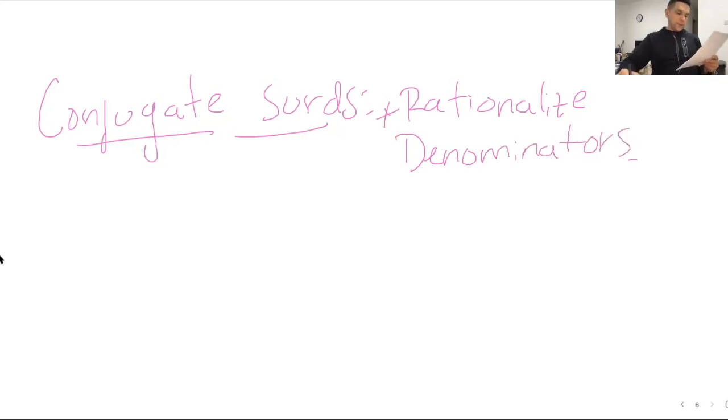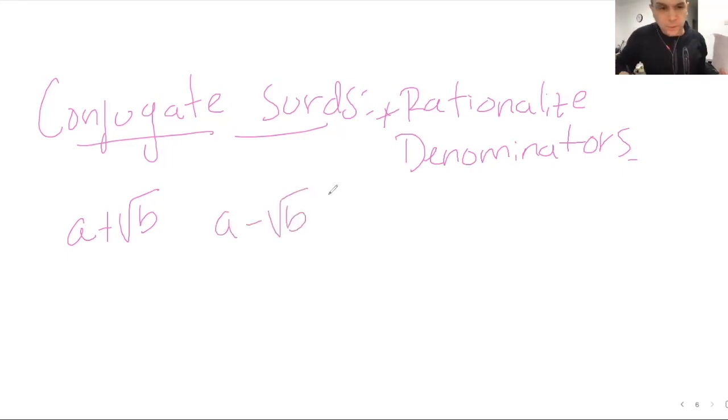And that's going to be the main use here for our lecture. So conjugate surds are going to look like this, just a negative. And then when you multiply them, you're going to get rid of the surd, the radical.